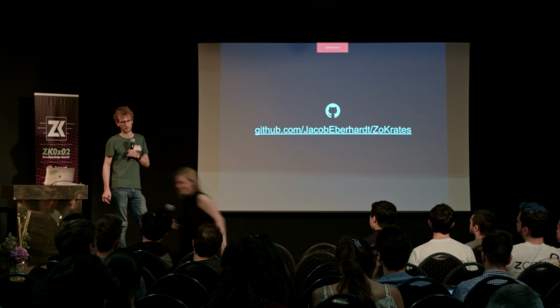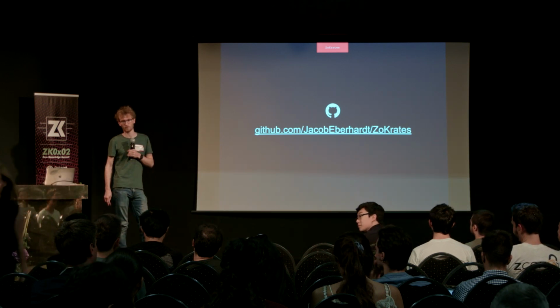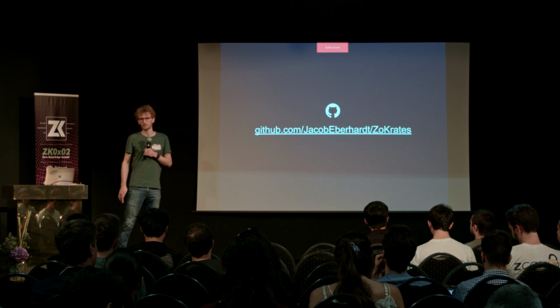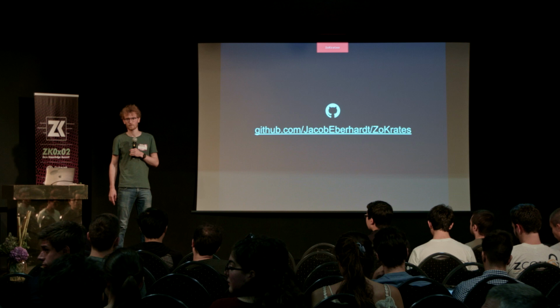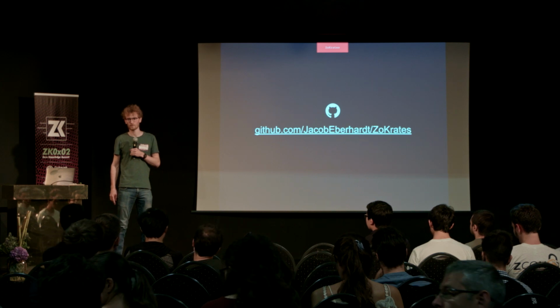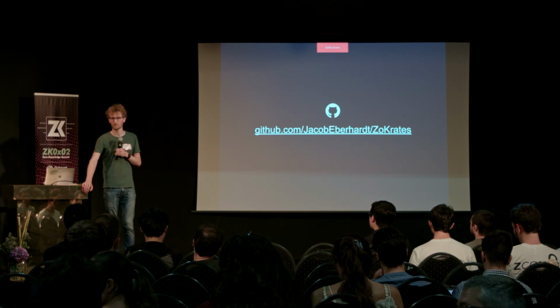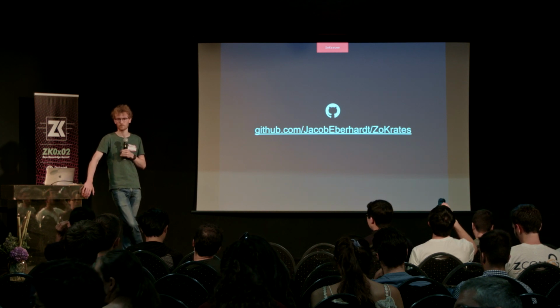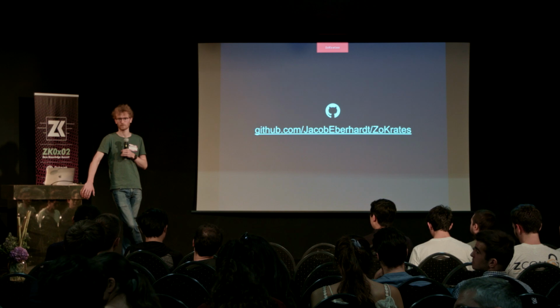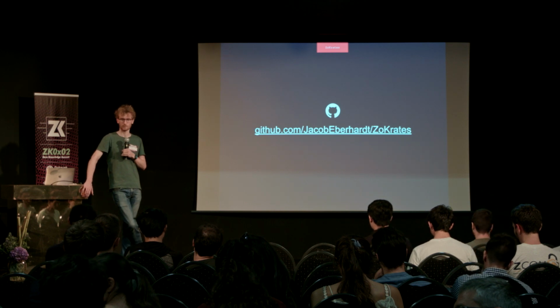Okay, all the way back. Thank you. So my question is on the trusted setup. You said you can make the trusted setup in ZoKrates, but if I set up the trusted setup, it's not really trusted. So could you use the Zcash trusted setup for the SHA example?